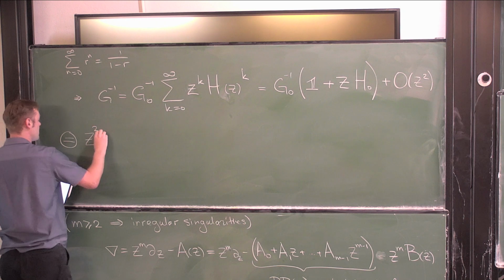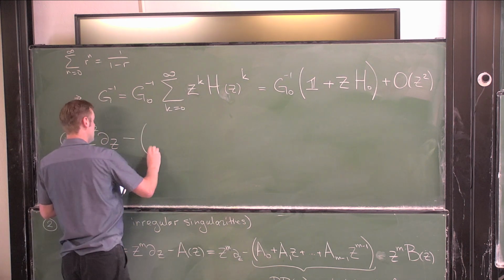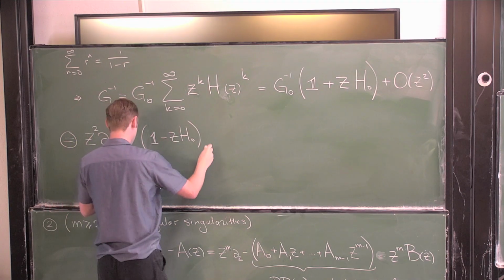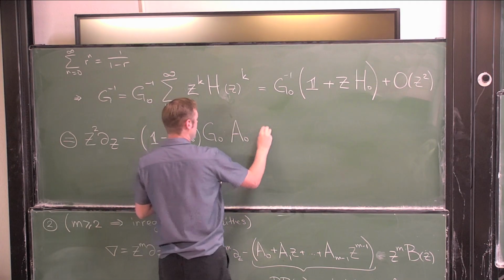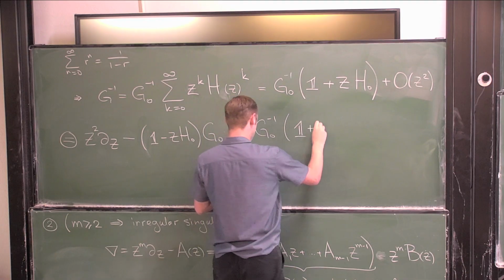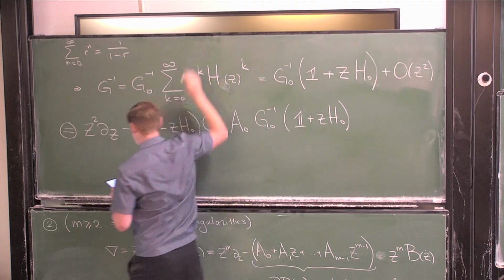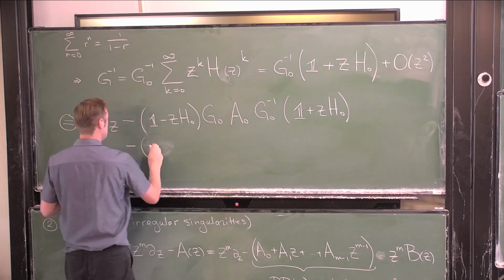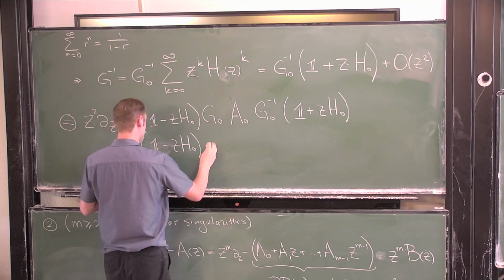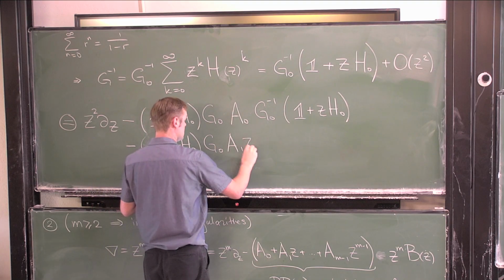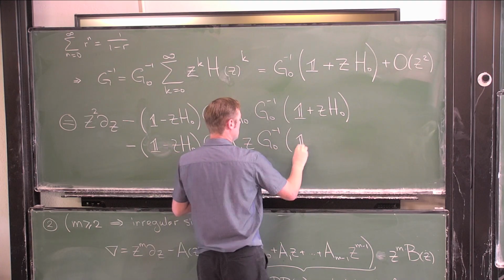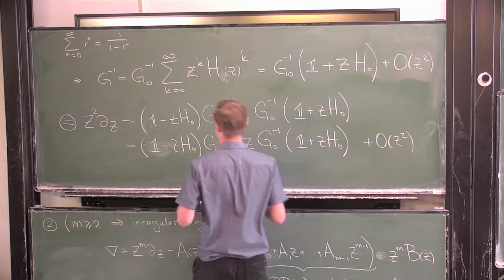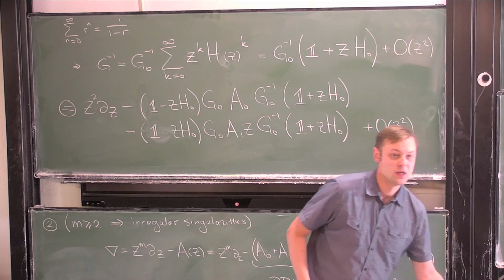So we have z squared dz minus 1 minus z H0, G0, A0, G0 inverse, 1 plus z H0, minus G0, minus 1 minus z H0, G0, A1 z, G0 inverse, 1 plus z H0 and all the higher order stuff. Does this make sense?